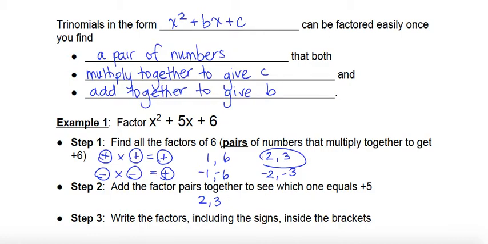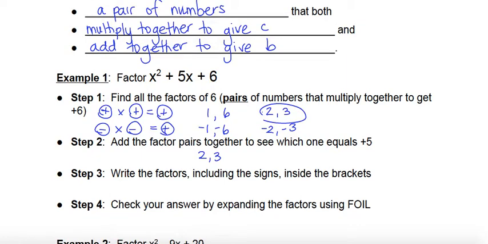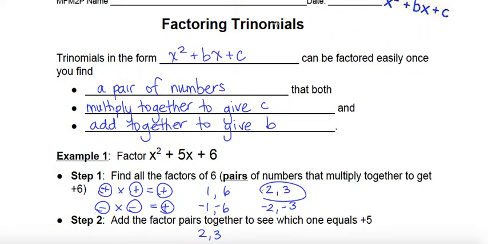And now what we need to do is write the factors, including the signs, inside of brackets. So if these are positive values, they're going to have plus signs. If these are going to be negative values, they're going to have negative signs. If they're one of each, they're going to be one of each. So when we're factoring an expression, it might look like x plus r and then x plus s, where the r and the s are the numbers that make this work.